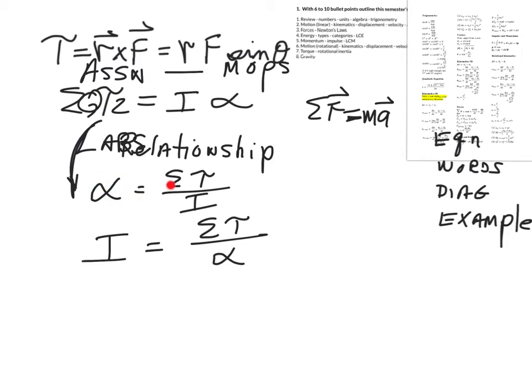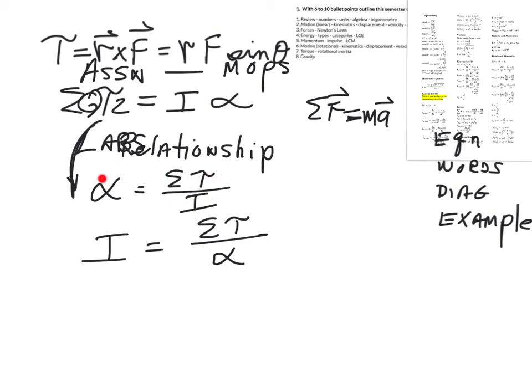And one is alpha is the ratio of the net torque divided by the rotational inertia. So again, a relationship. The amount of angular acceleration you're going to get is going to depend on the net torque acting and the rotational inertia.